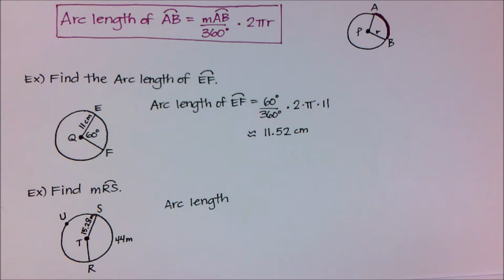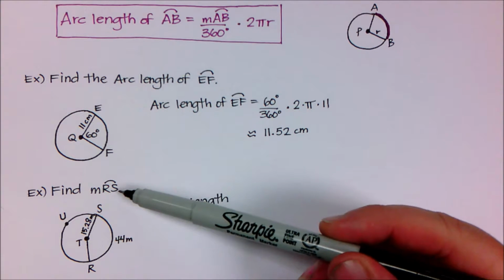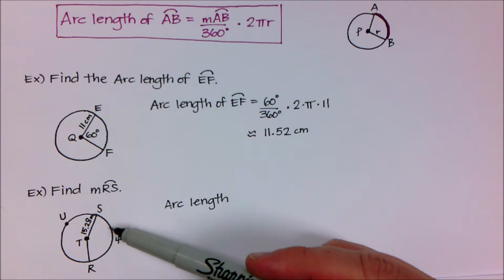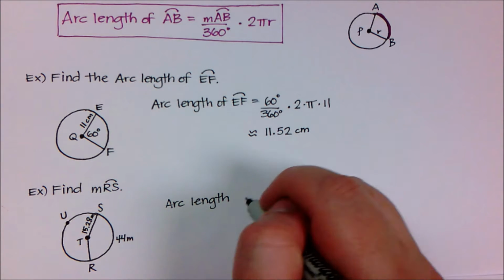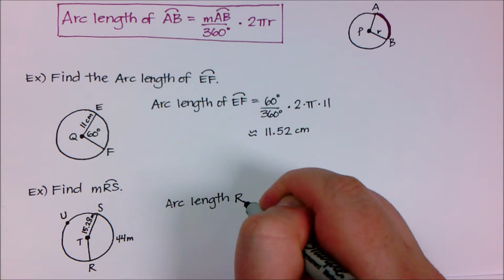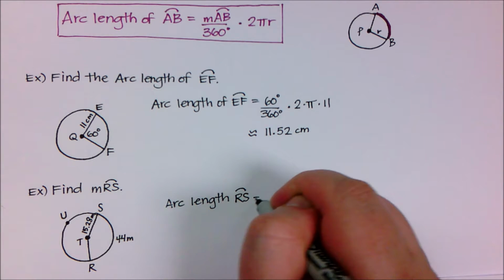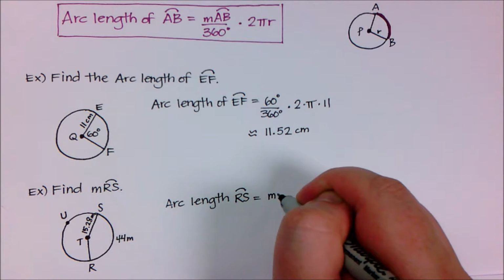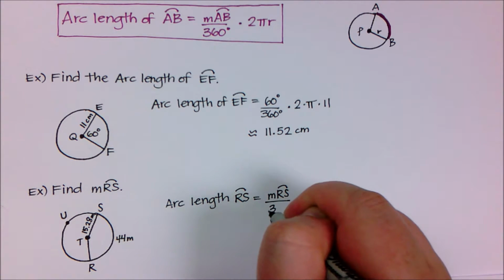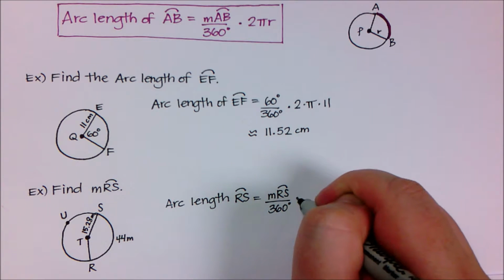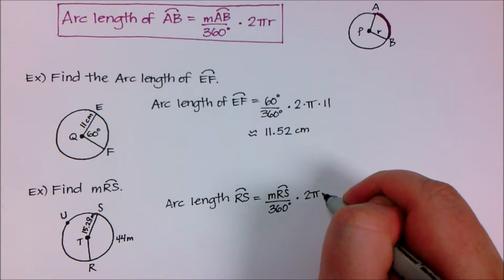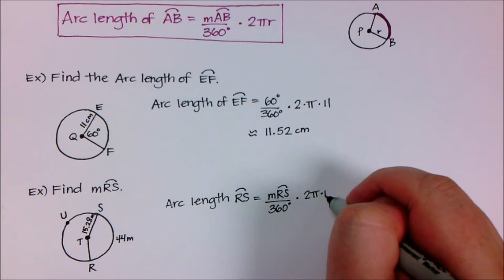For our next example, I want us to find the measure of RS, which means in degrees, what is the measure of this arc from R to S? The arc length of RS follows the formula that we used before: the measure in degrees of arc RS divided by 360 and then multiplied by the circumference, 2 times pi times r.